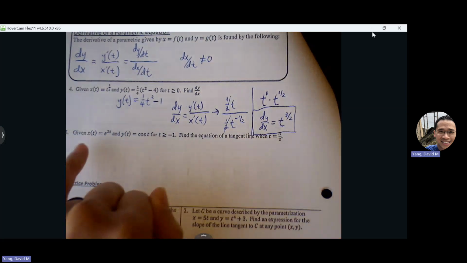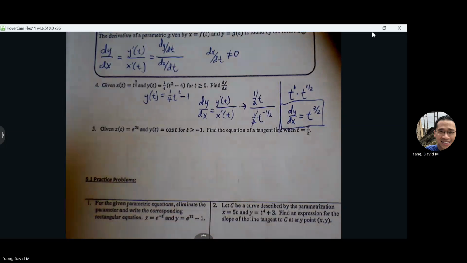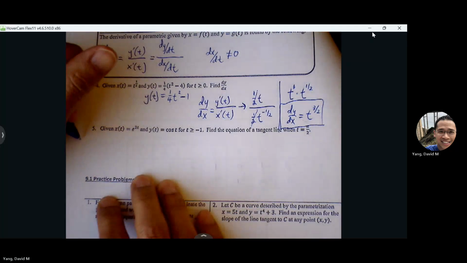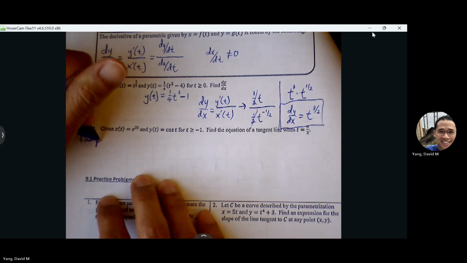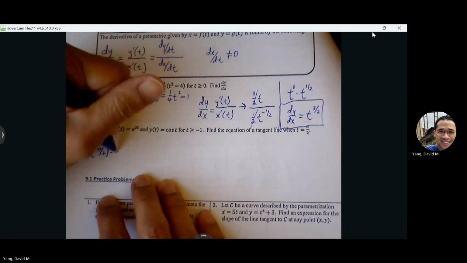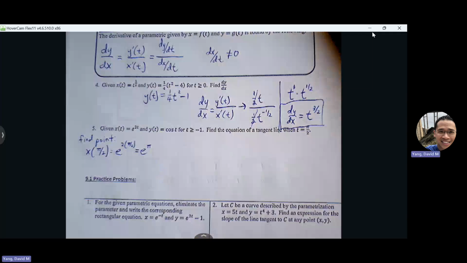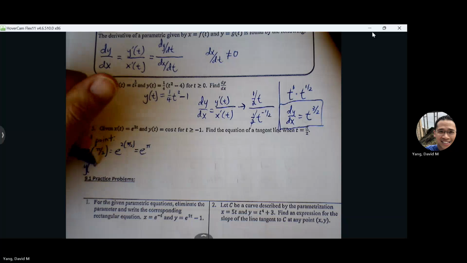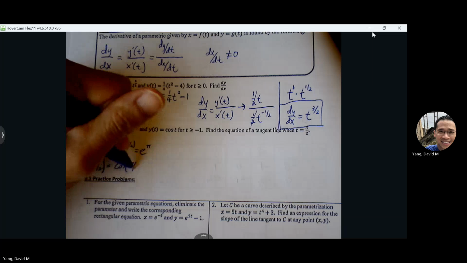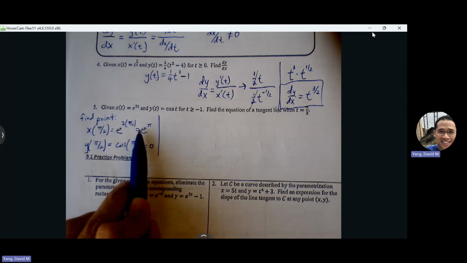To find the slope, I can do y prime over x prime, plug in pi over 2, and then use point slope form. Okay, so there's our ordered pair, e to the pi comma 0.